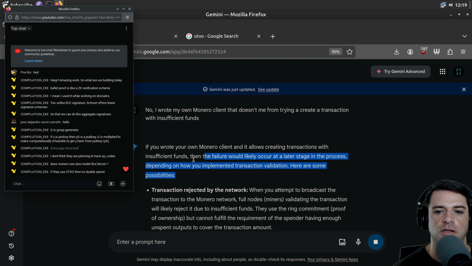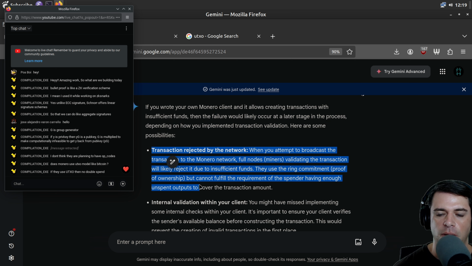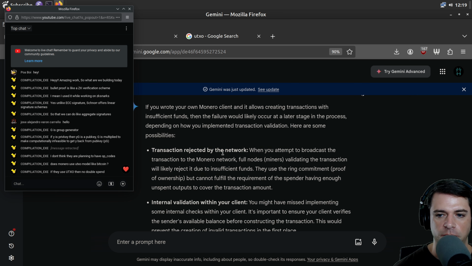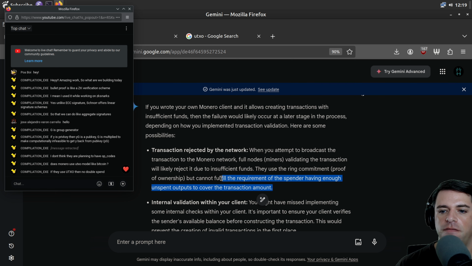It will likely occur at a later stage in the process, depending on how you implemented. It might be rejected by the network. When I attempt to broadcast it, full nodes validating the transaction will likely reject it due to insufficient funds. They use the ring commitment proof of ownership, but cannot fulfill the requirement of the spender having enough unspent outputs to cover the transaction amount.